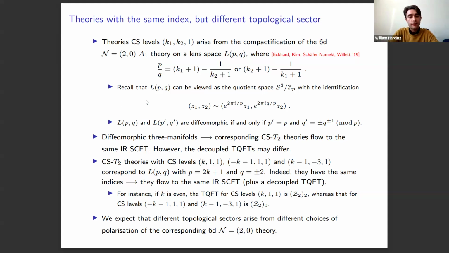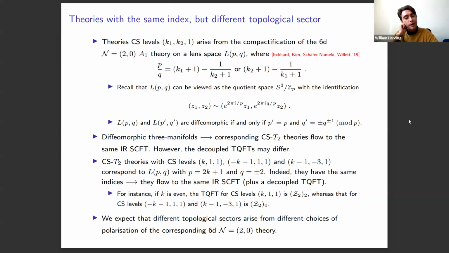Also recall that L(P,Q) can be viewed as the quotient space S^3 mod Z_P, and that L(P,Q) and L(P',Q') are diffeomorphic if and only if P' is equal to P and Q' is equal to plus or minus Q to the plus or minus 1 mod P.